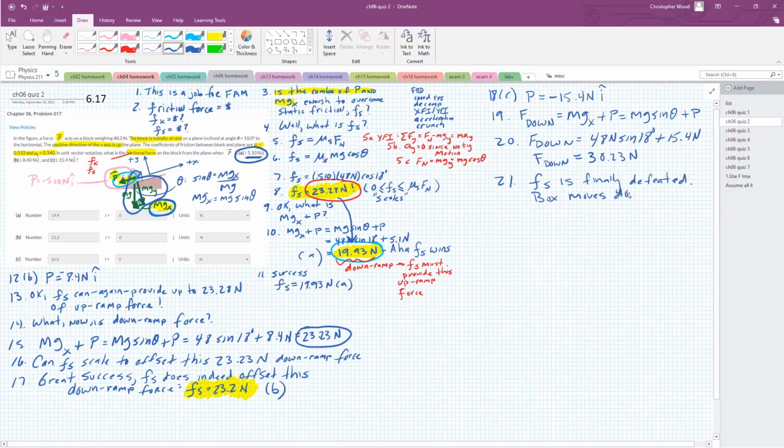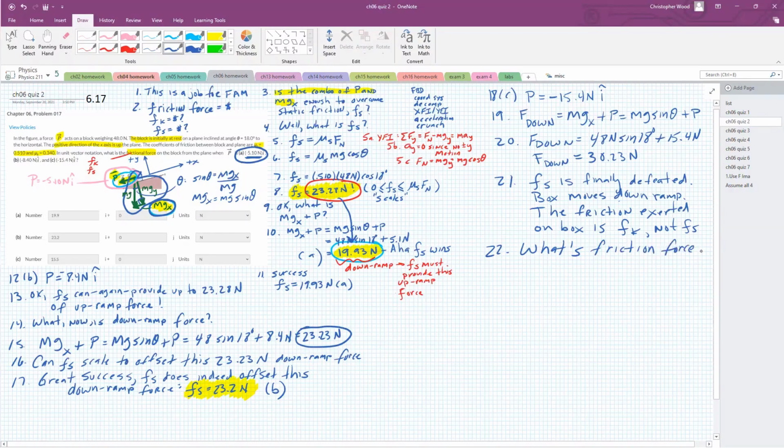So if the box is moving down the ramp, the friction it encounters now is kinetic friction. The friction exerted on the box as it's now moving down the ramp is kinetic friction, F sub K, not F sub S. Because the question says what's the friction force in the part C situation?